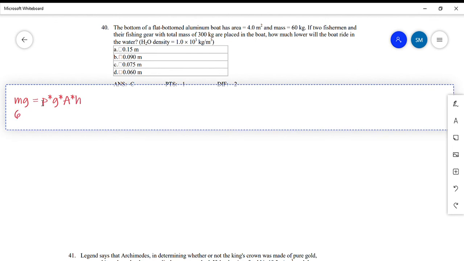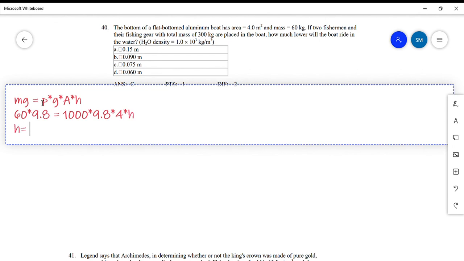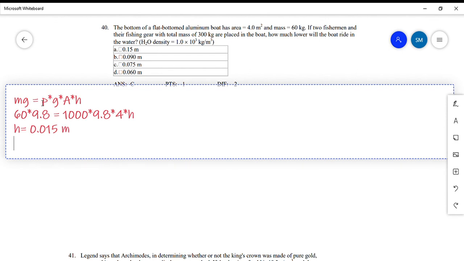So we'll substitute in the same way: 1000 density of water multiplied by 9.8 times the area of the base, which is 4, multiplied by h. So h will be again 0.015 meter. This is the first case.